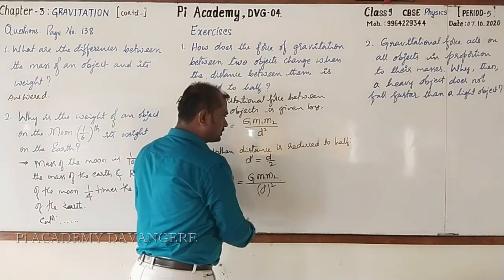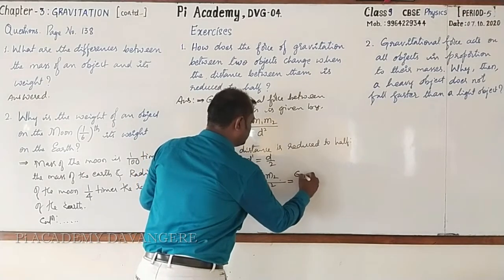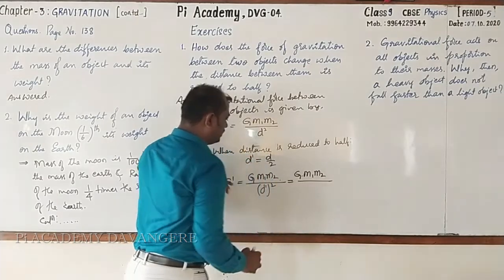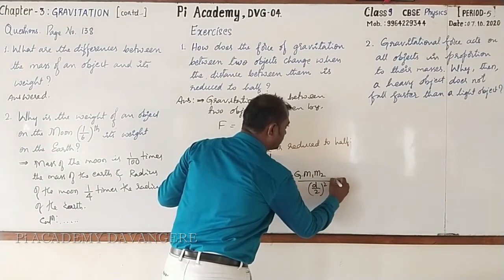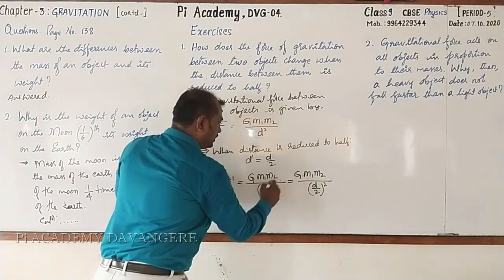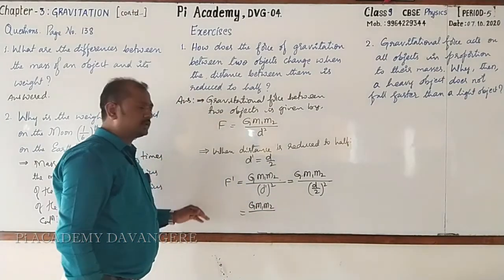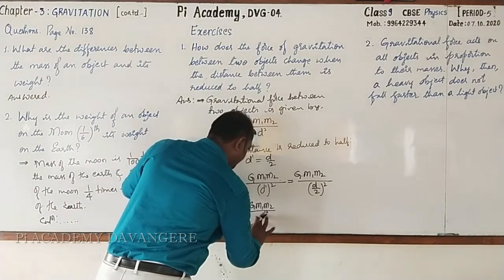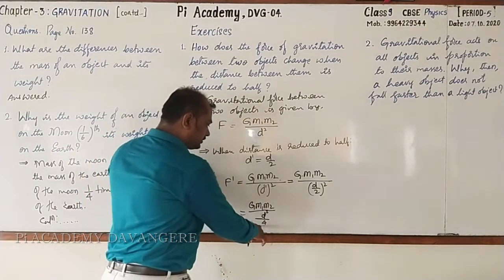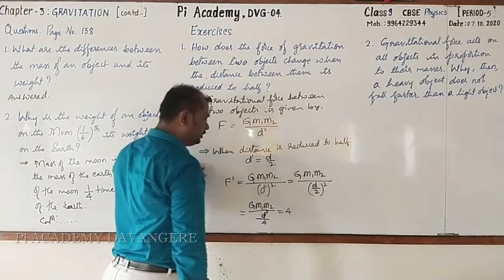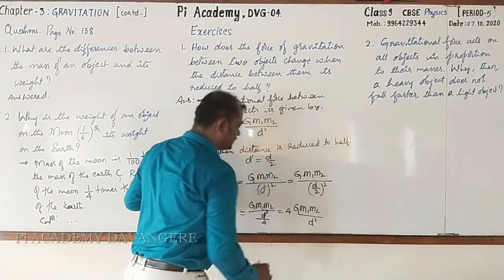I don't have less space, so I continue here only. This is equal to G into m1 m2 by, what is d dash? It is d by 2 whole square. Now this is equal to G m1 m2 by d by 2 whole square. It is d square by 4. Then take the reciprocal of the denominator. This will be 4 into G m1 m2 by d square, right?